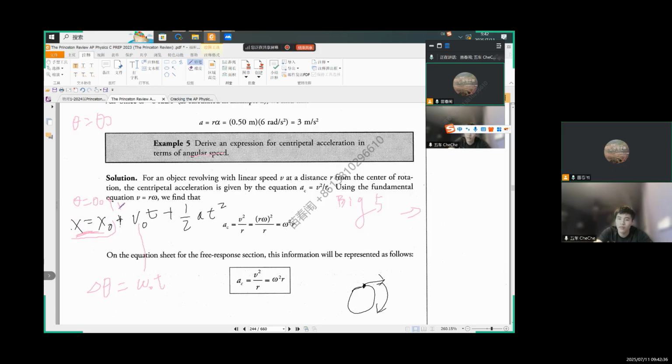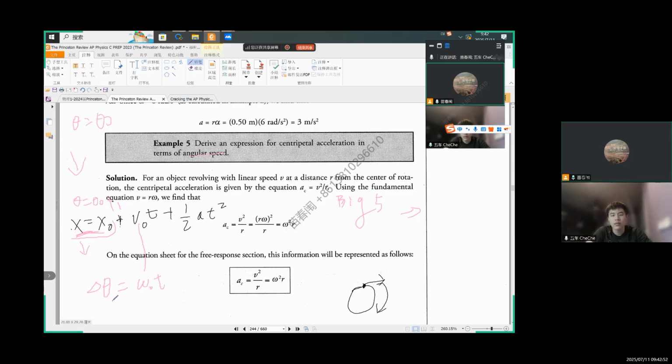Of course, I can check out all the data whether it's still working or not. And the big five required uniform acceleration; this one requires uniform angular acceleration.